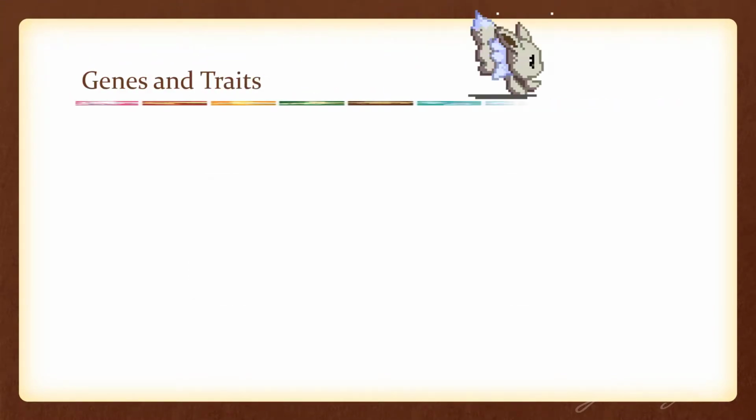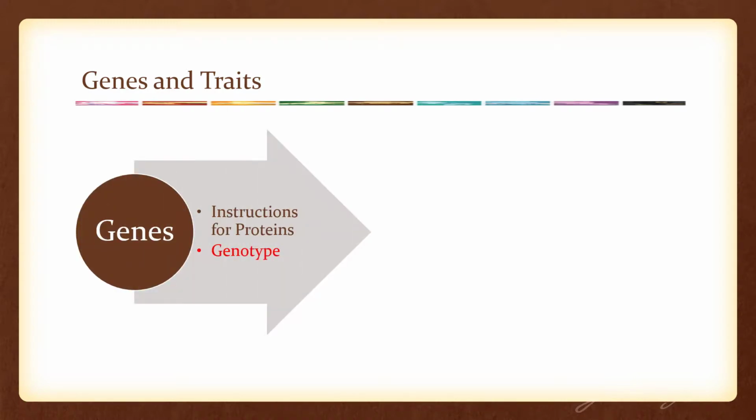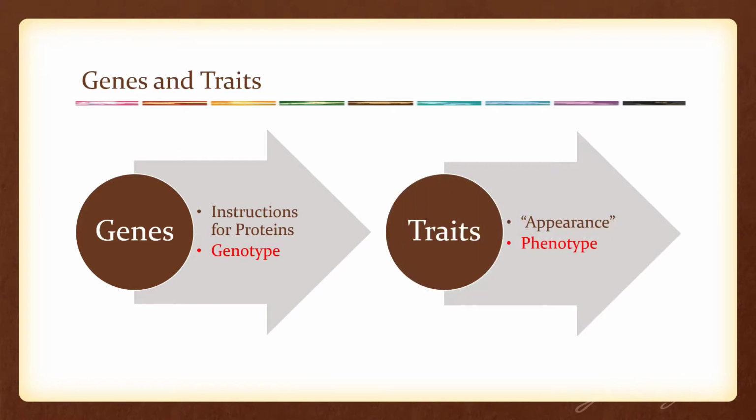To understand this, we need to know what is the difference between genes and traits. Genes are the instructions for making protein, and the genetic makeup of a person or a puppy is known as their genotype. And the genotype of a person will affect his or her traits. Traits is another word for quote-unquote appearance.